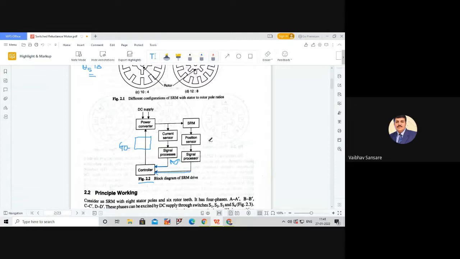That means, in general, whatever the sensor output is, we have to condition it before giving it to the controller. The controller requires inputs in terms of digital values, and for this purpose we require certain signal conditioning units.